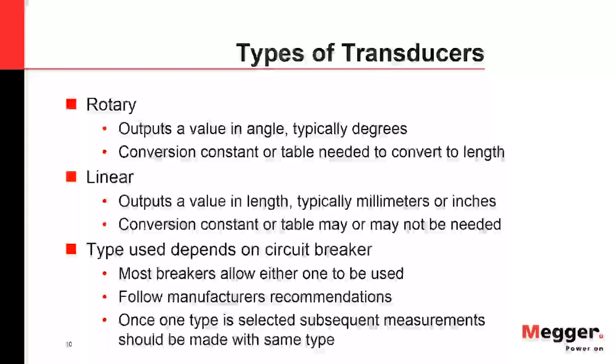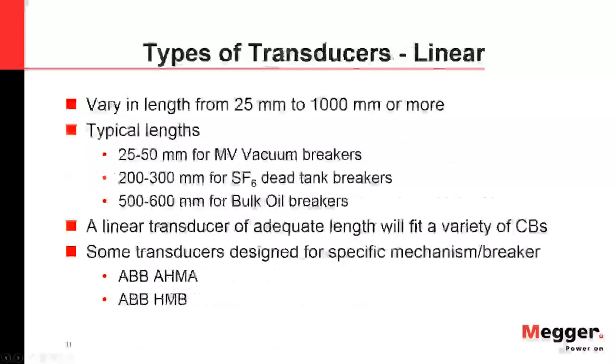So a lot of times you can use one or the other with a certain type of breaker. But generally what I do is I try and follow the manufacturer's recommendations. And then if I select one and use it on commissioning, for all my future tests I try and use that same transducer to be consistent and to be able to compare my measurements over time.